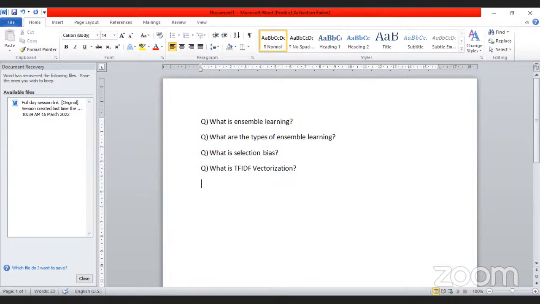It is assigning weightage to the word that occurs more frequently in a collection of data, right? The TF-IDF values increase proportionally to the number of times words appear in the documents. That is the vectorization.